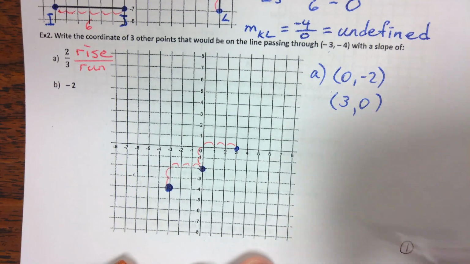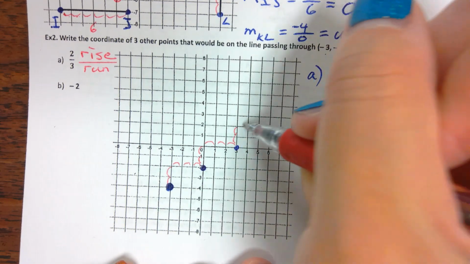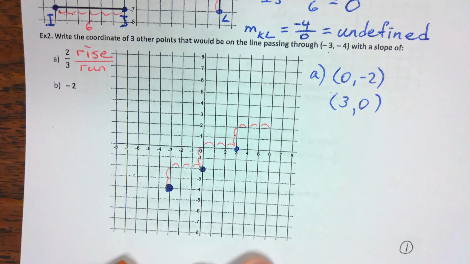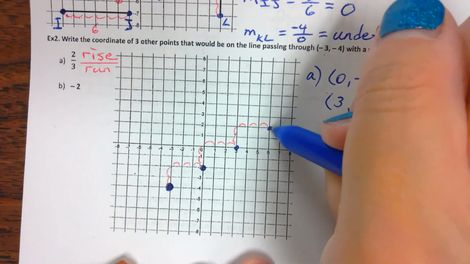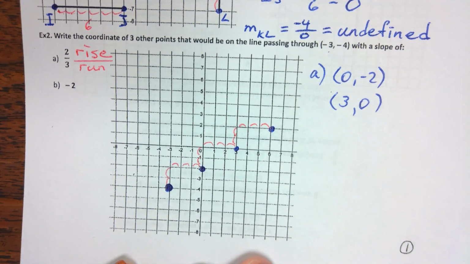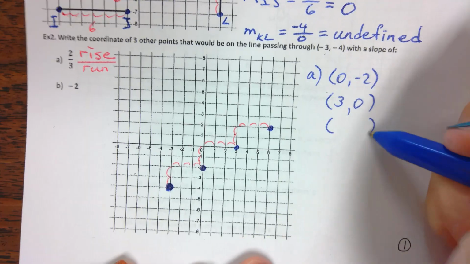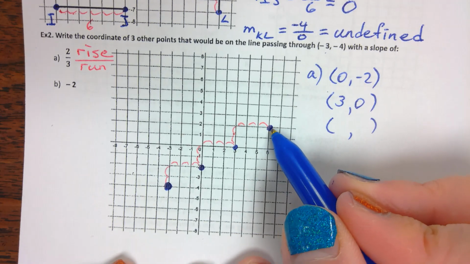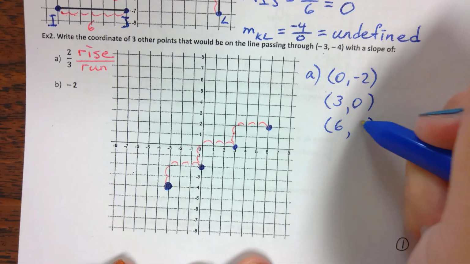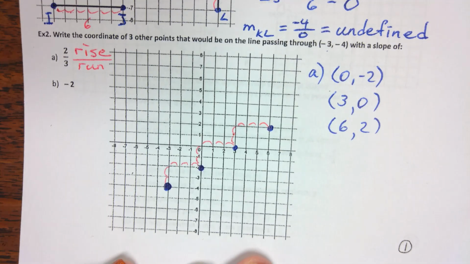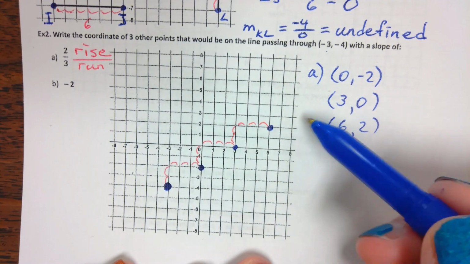Okay, now all three of them are going to look for their last friend. Up 2 floors and over 3. And it brings them to this point right here. Justin, what is that point? 6 and 2. Perfect. Okay. How many times can I do this?